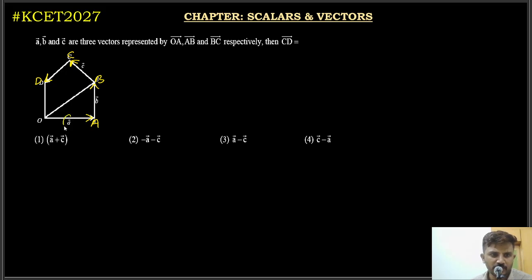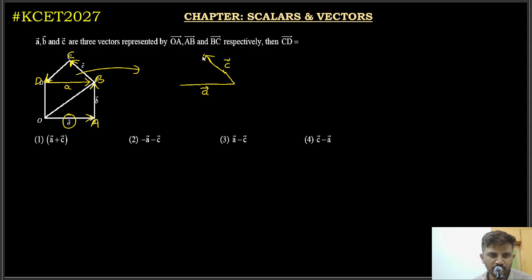So what I will do, I will take this vector parallel to this vector. Now take this triangle separately. So A is parallel to this, so we can take this as a parallel vector, that is A. So there is another vector in this direction, that is C.